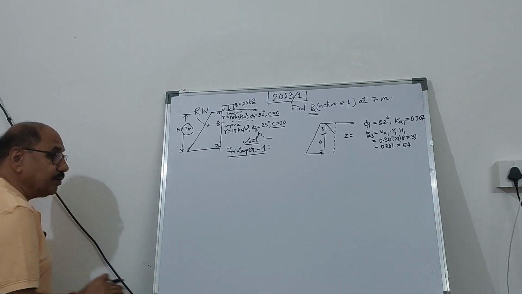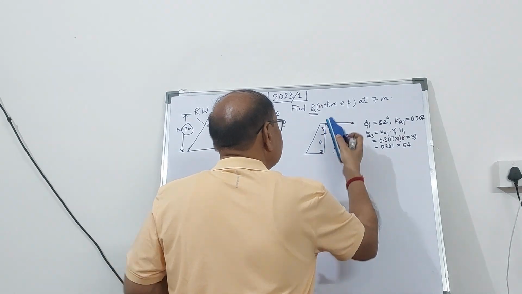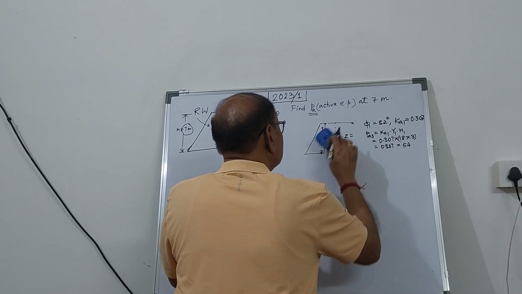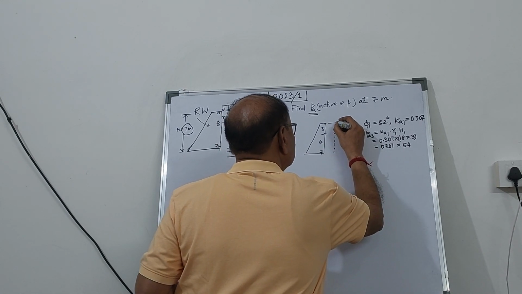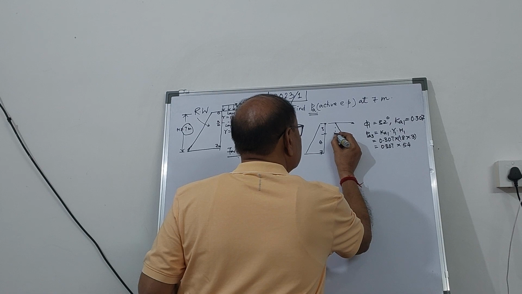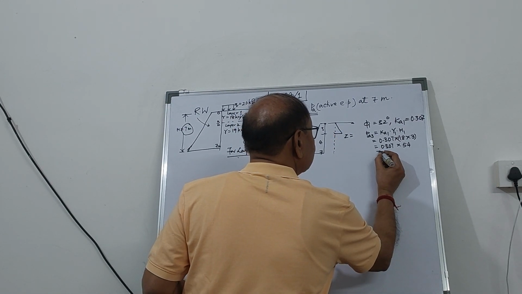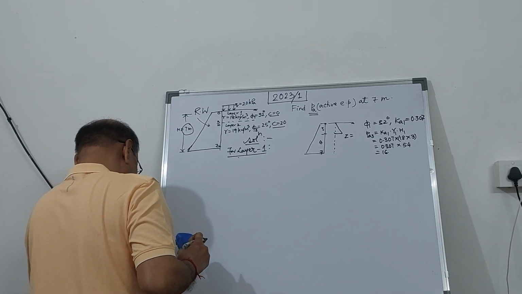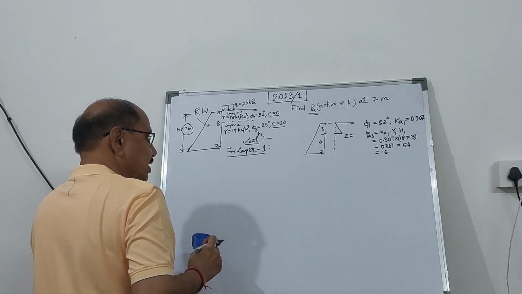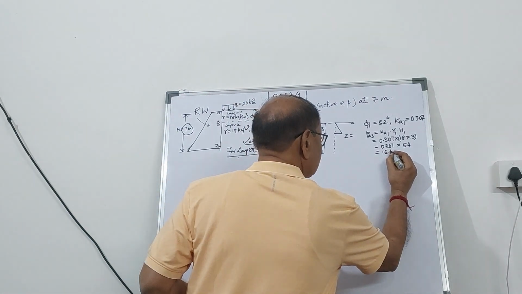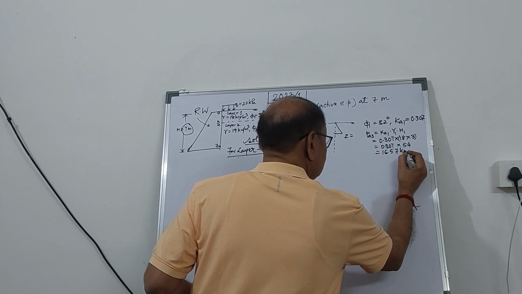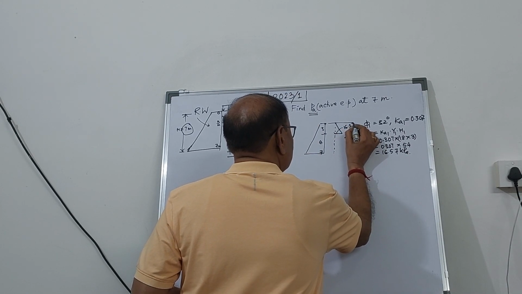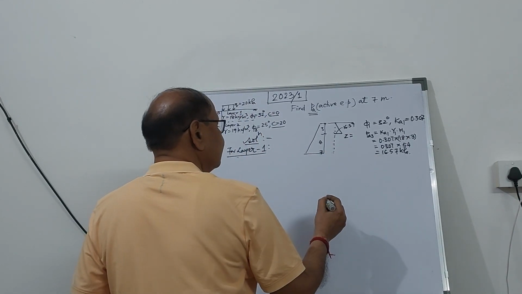This is my reference line. Here it is 0 and at 3 meter it is 16.57 kilopascal. Now the layer is changing.